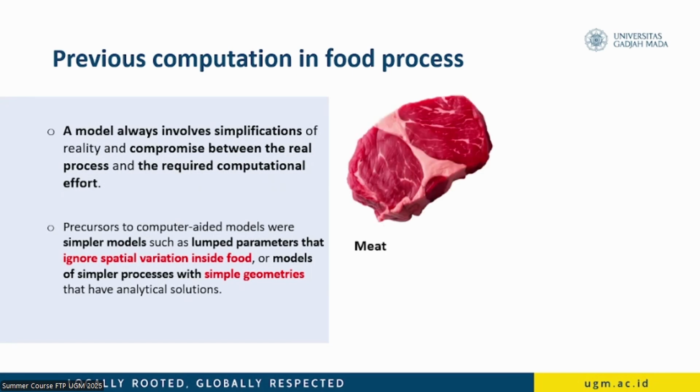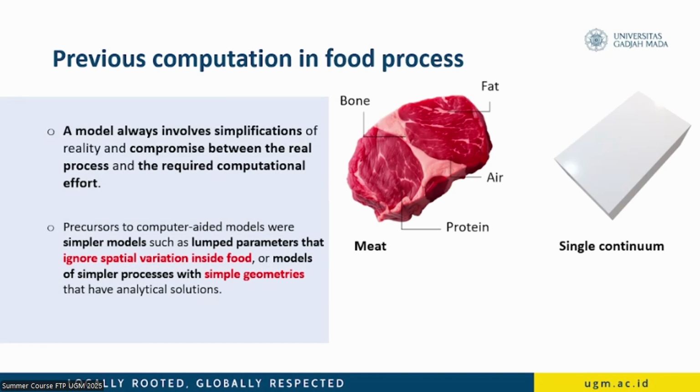For example, here is a slice of meat. You know that it can be simplified with a simple geometry like a block. However, the meat consists of fat, bone, proteins, and some air inside the meat.